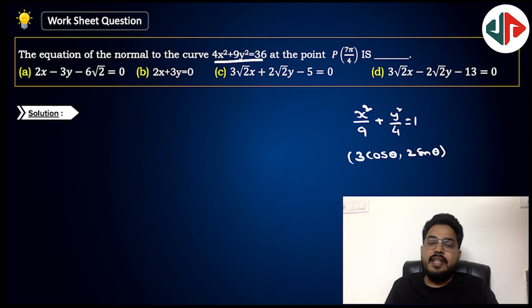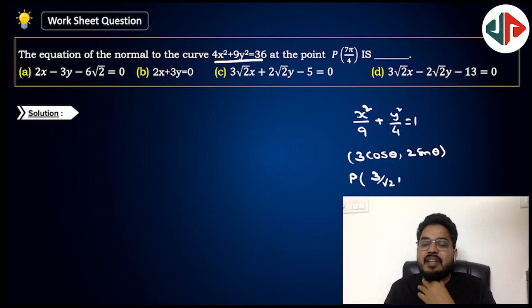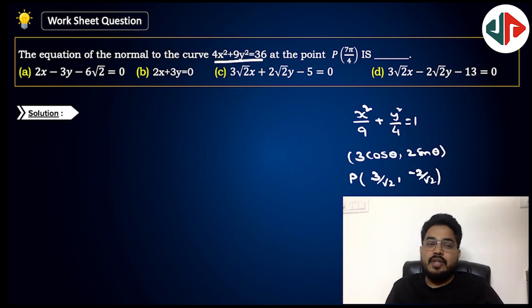He is saying theta is 7 pi by 4. 7 pi by 4 means cos of 7 pi by 4 is 1 by root 2, and sin 7 pi by 4 is minus 1 by root 2. So minus 2 by root 2. Sorry, the equation of the normal they are asking.